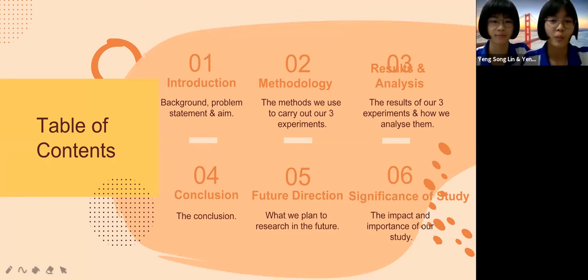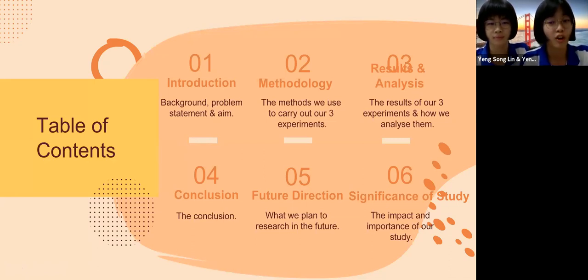First of all, we are going to share about the introduction, which is the background of our study, the problem statement, which is the problem that we want to solve by using our project, and the aim of our study. Next, we are going to talk about the methodology, which is the methods that we use to carry out our 3 experiments. And next, we are going to talk about the results and analysis, which is the results of our 3 experiments and how we analyze them.